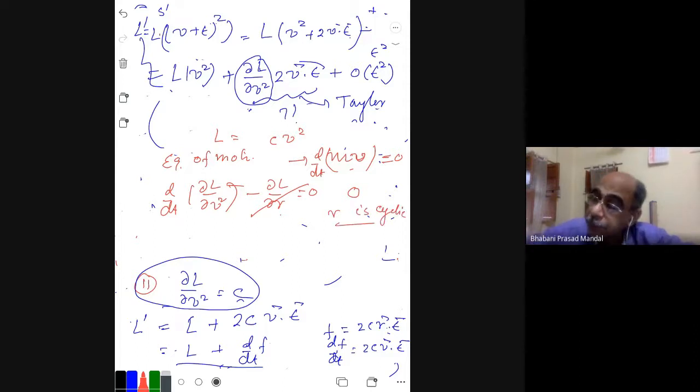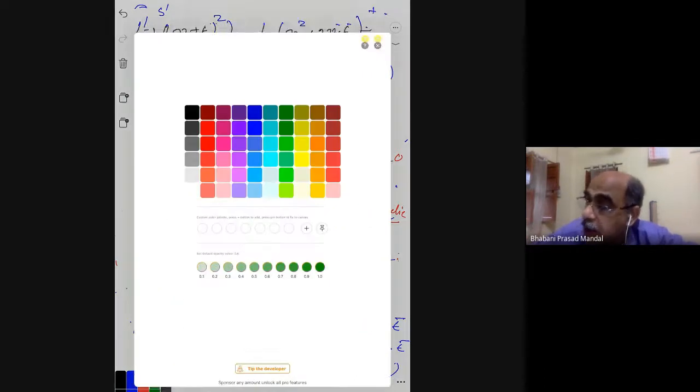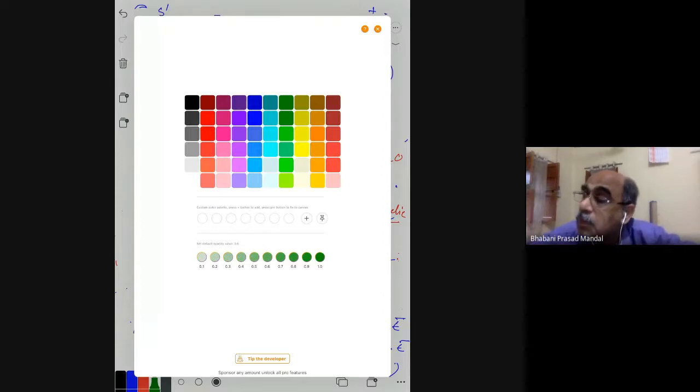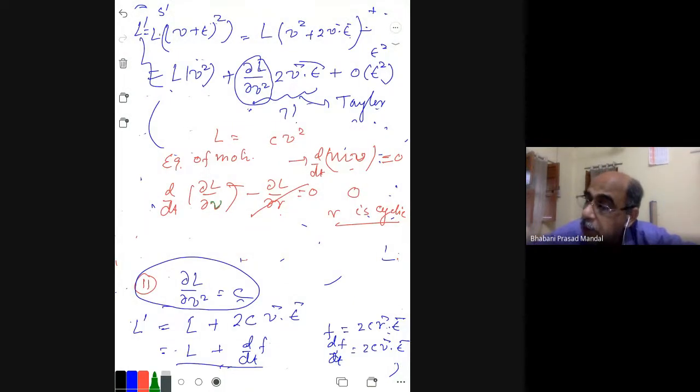So d/dt of del L del V, I'm sorry, the Lagrange equation involves V, not V square. So it will be d/dt of 2CV equals 0.